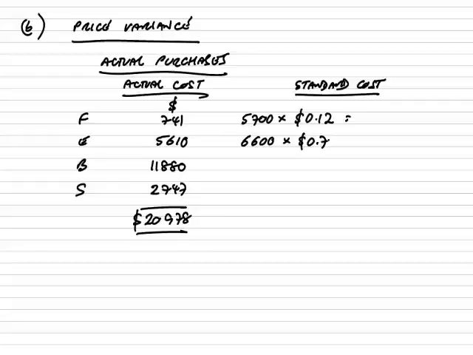From the cost card, it's 70 cents a kilo. Butter, 6,600 again. What is it? 170 a kilo. And finally, sugar, 4,578. 50 cents a kilo. Let's multiply up and add up. What does it come to?